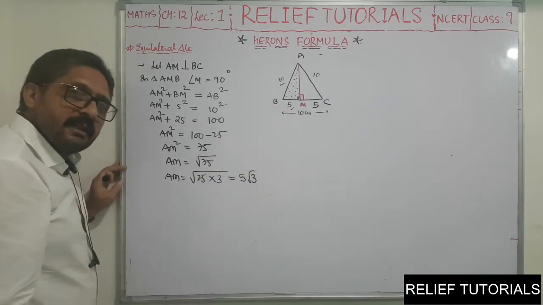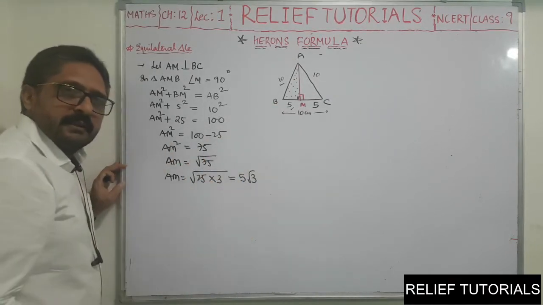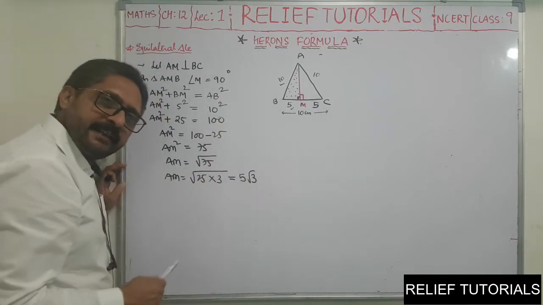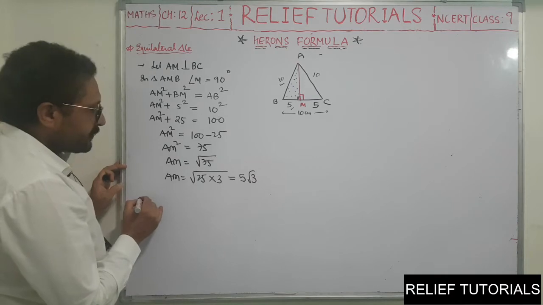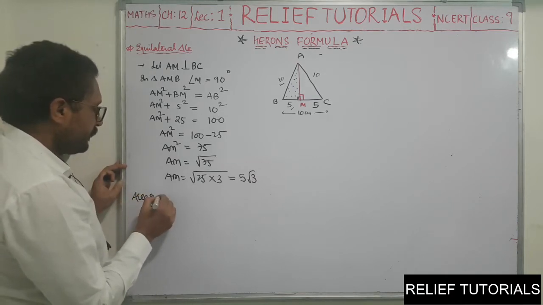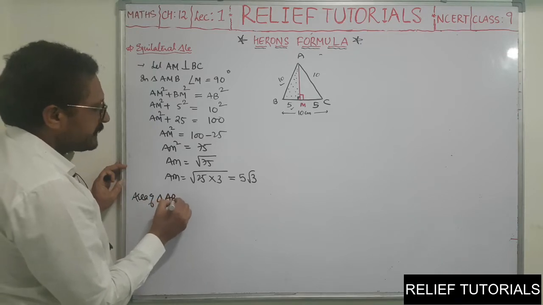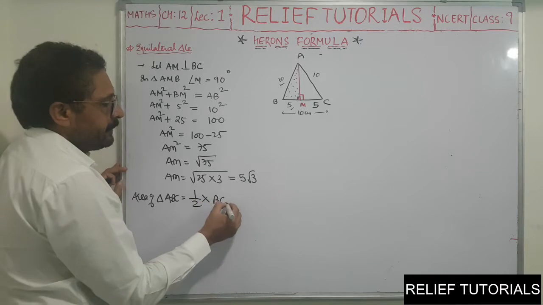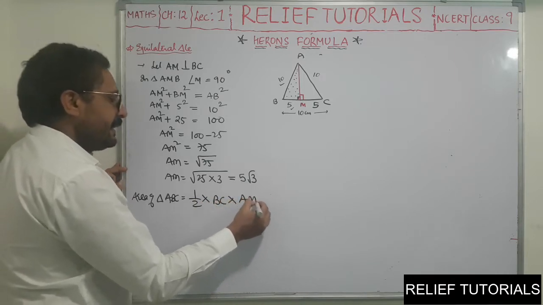So what we got? We got the altitude. And we have the base. So naturally you can find the area. So now the area of triangle ABC is equal to half into base. Base is BC into altitude is AM.